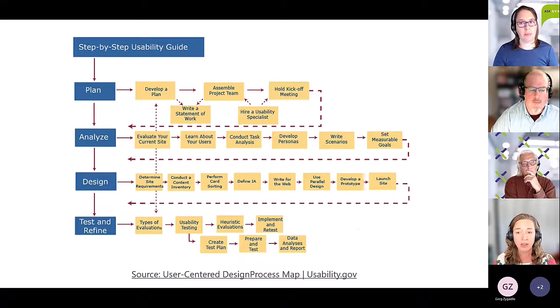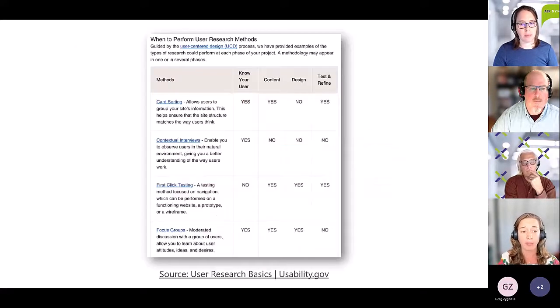Now, another piece from usability.gov that is helpful that you can combine with that first graph from Nielsen Norman Group is they list out all of these different user research methods. And then you can see in the table, they tell you whether you can use that method to measure knowing your user, evaluating the content, evaluating the design, or doing a test and refine.